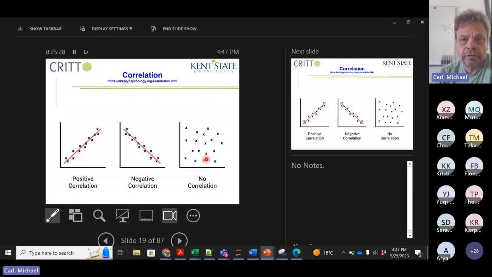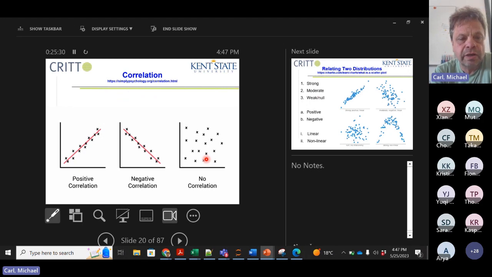I want to address correlation now. A correlation of 2 variables can be positive, as you can see here. We have 1 variable on the horizontal, 1 variable on the vertical, and they can correlate very strongly positively, or they can correlate negatively, or they are basically uncorrelated, as in this picture here.